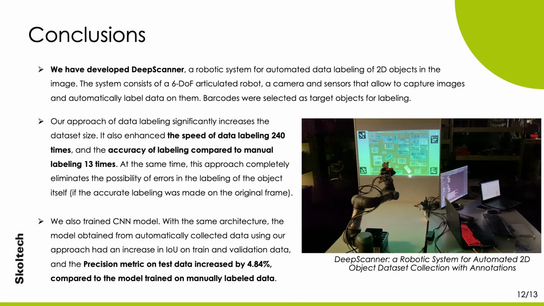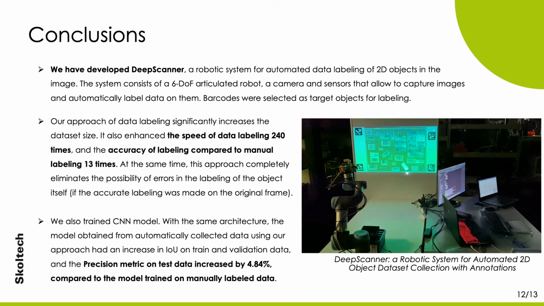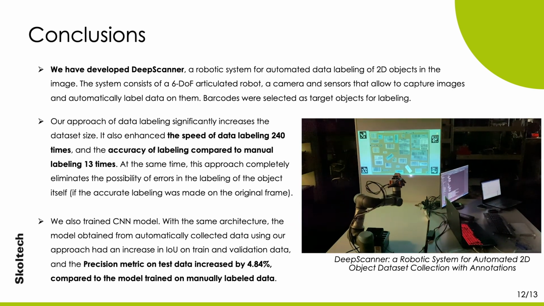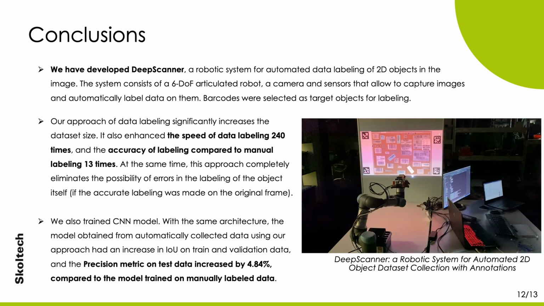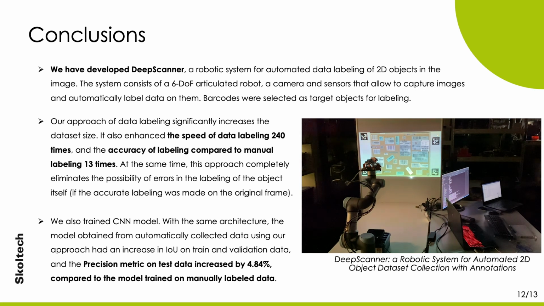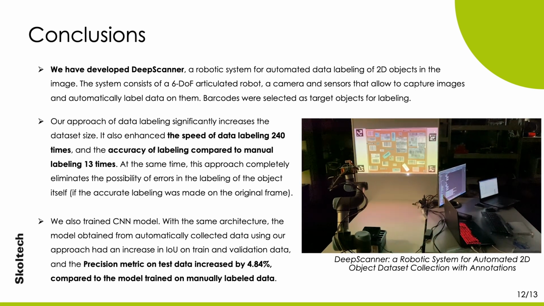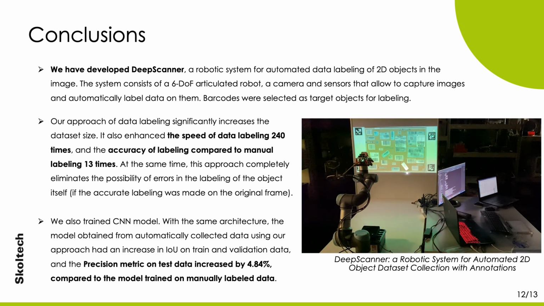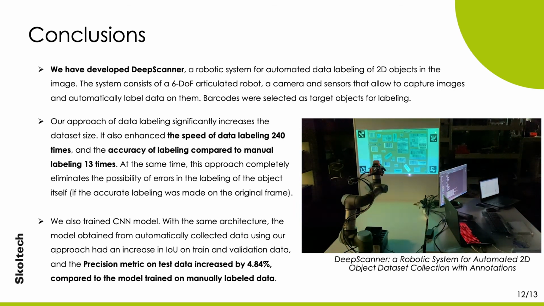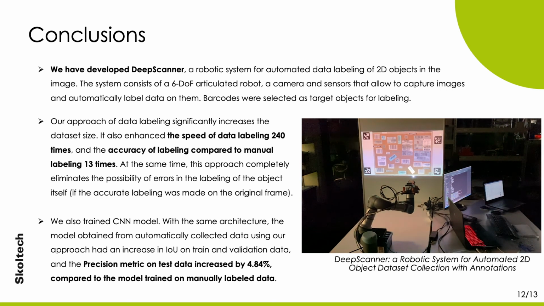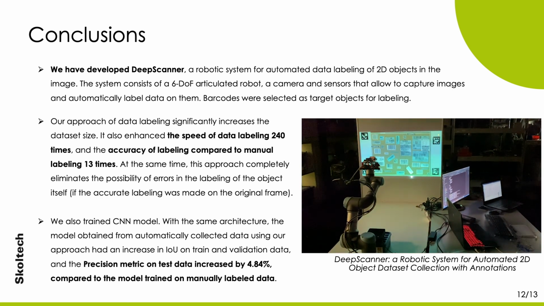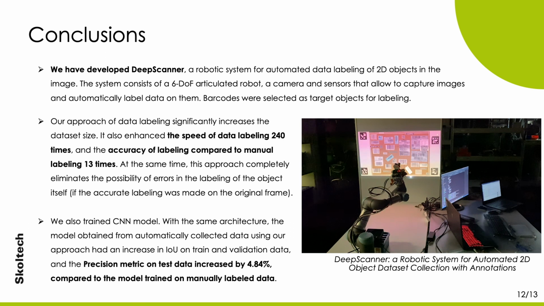We also trained a convolutional neural network model using the collected dataset. With the same architecture, the model obtained from automatically collected data using our approach had an increase in intersection over union on train and validation data, and the precision metric on test data increased by 4.84% compared to the model trained on manually labeled data.